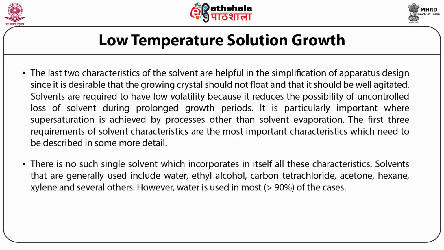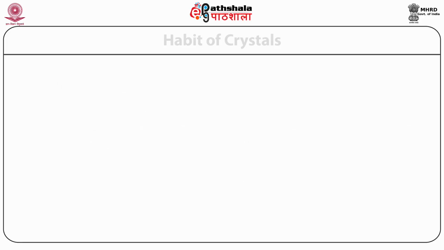There is no such single solvent which incorporates in itself all these characteristics. Solvents that are generally used include water, ethyl alcohol, carbon tetrachloride, acetone, hexane, xylene, and several others. However, water is used in more than 90% of the cases.